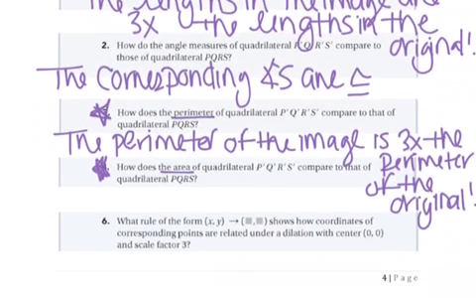Okay, so if you remember from last year, the area is the tricky one. For example, off to the side here, if I had a square, let's do side lengths of 2 by 2. The area then would be 4.